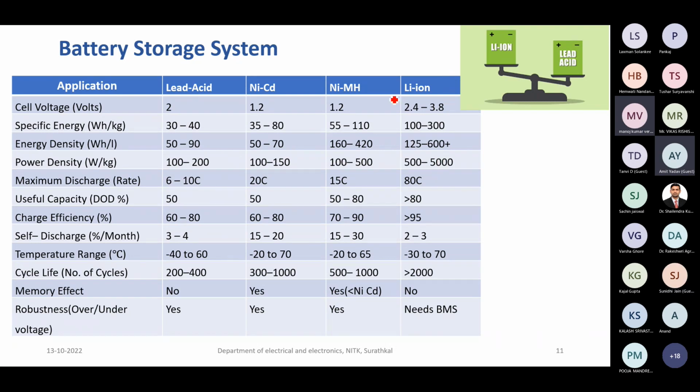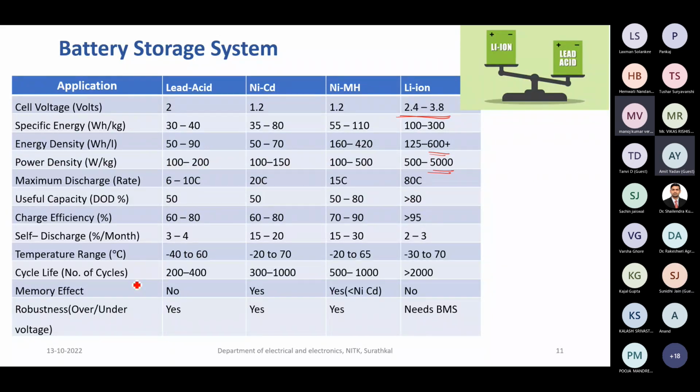So for the lithium-ion cell, which is 2.4 to 3.8 volts, the energy density is 600 plus, and the power density is 5,000, compared to the other chemical compositions.